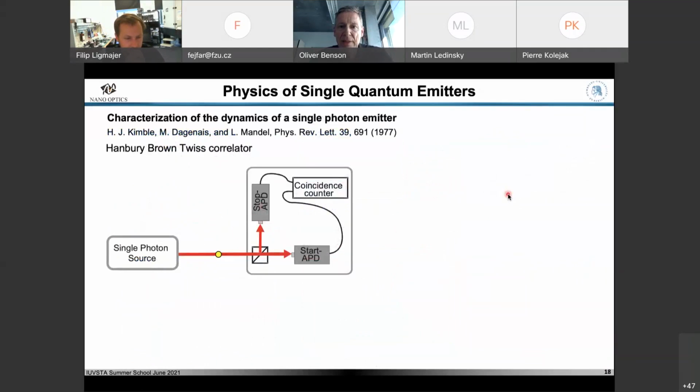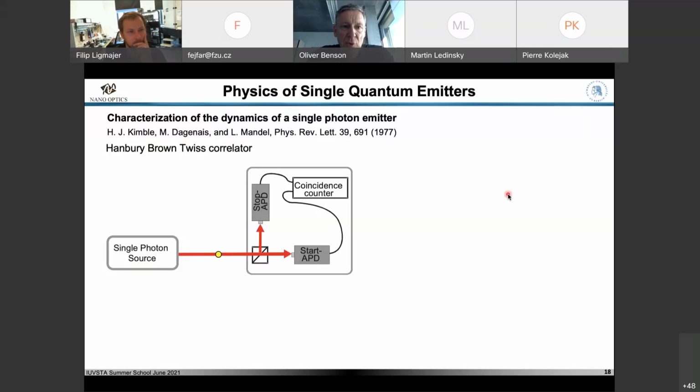Yeah, so maybe let's take a look at a first experiment that you typically do. A starting point nowadays, a standard experiment once you want to identify or investigate a single quantum emitter in maybe solid state or any kind of quantum emitter, is to prove that it basically is a single quantum emitter.